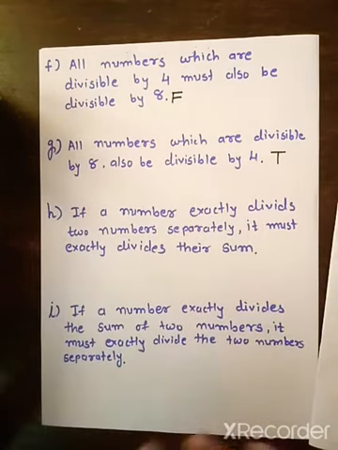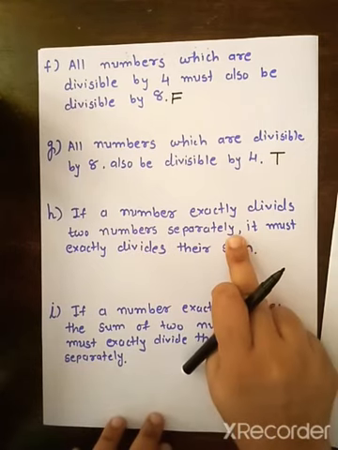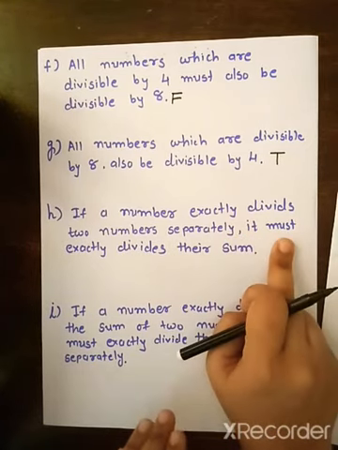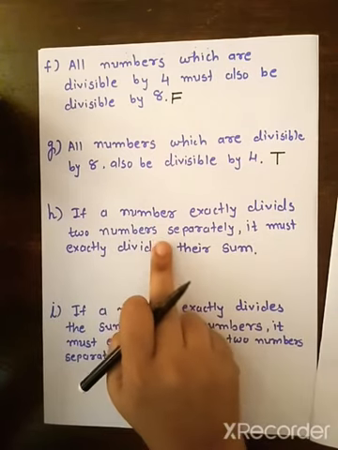Now the next one. If a number exactly divides two numbers separately, it must exactly divide their sum. We are going to solve this statement in two parts. First we solve the statement up to here, and then the next part. So if a number exactly divides two numbers separately.